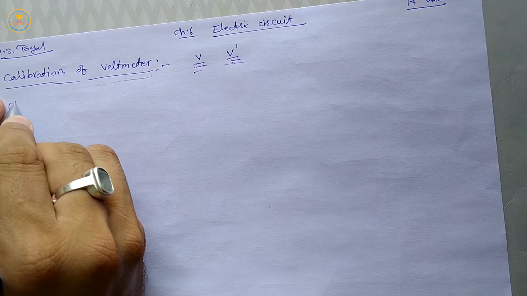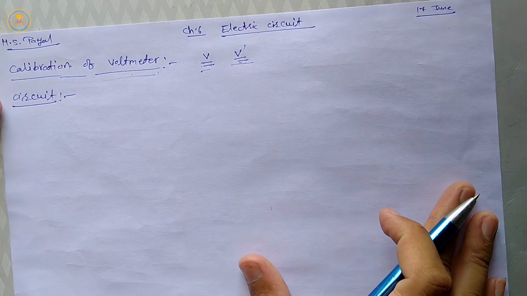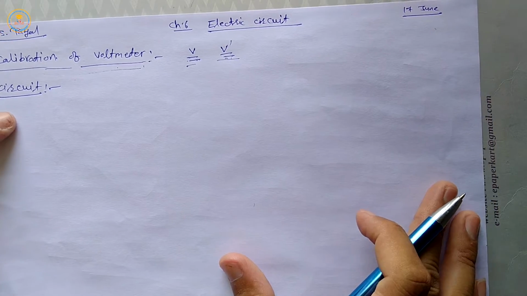Firstly, we discuss the circuital diagram of this application. We know that we have a potentiometer.